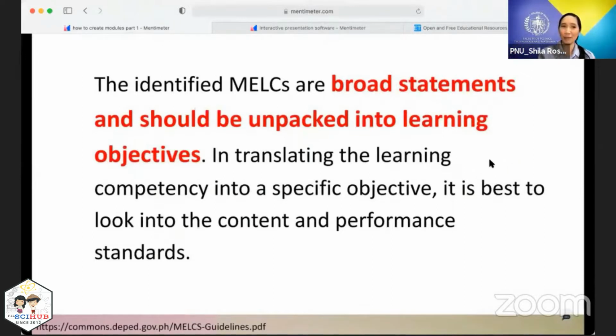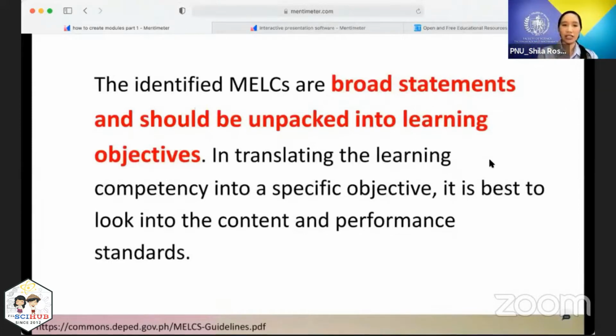Since they are broad statements, sometimes they are not as measurable as we want them to be. That is why we have to unpack them into learning objectives that can be measured. And the idea is if these objectives are measured or have been attained by the students, it would have to follow that they have already attained that particular competency.